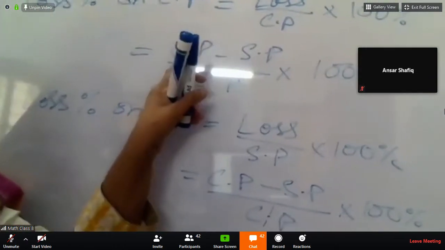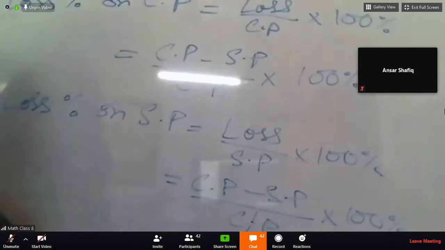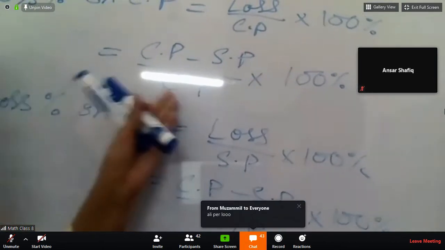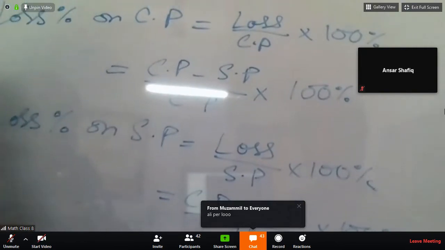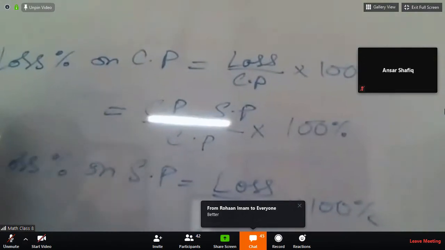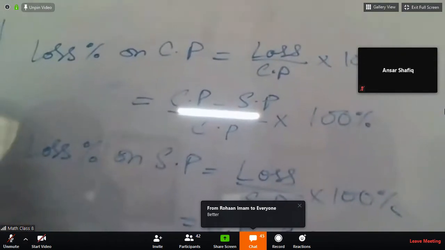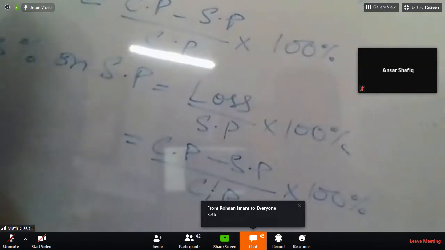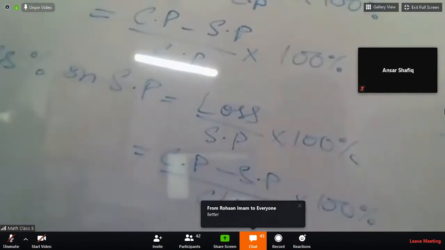So cost price is going to be subtracted by selling price and then divided by cost price multiplied by 100 to calculate the loss percent on cost price. If the loss percent is on selling price, it equals loss upon selling price multiplied by 100%.